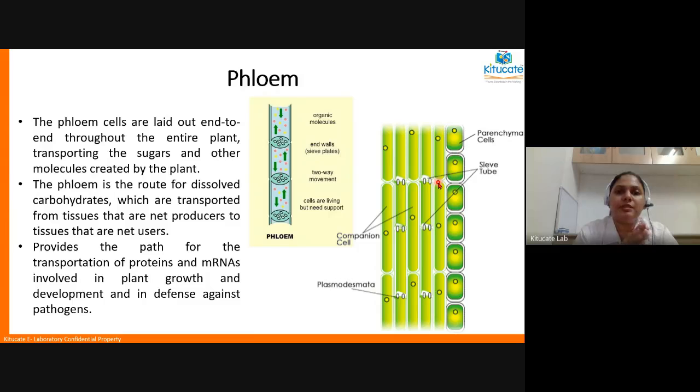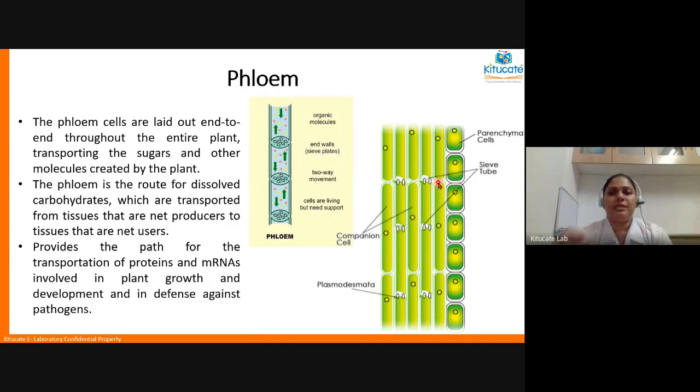All right, now let's go to phloem. Now we saw that in xylem, water is required for the leaves. The xylem carries it from the tip of the root through the trunk, then to the branch, then to the midrib of the leaf, then to the veins in the leaves, and that is how water reaches each and every cell.